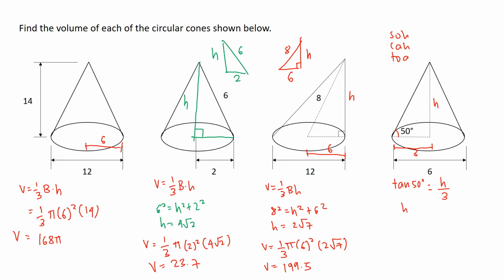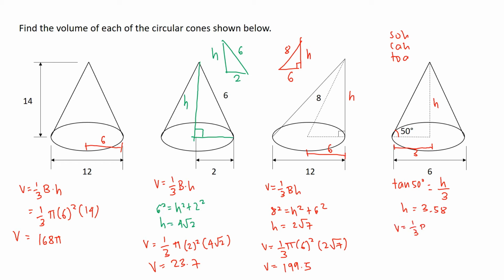So, solve na to itong h. Sa atong calculator ha, the angle should be in degrees. Basig naka-radians mo yung calculator. So, sige daw, solve daw. Yung makuha na answer is 3.58, no? Okay, kuha na.